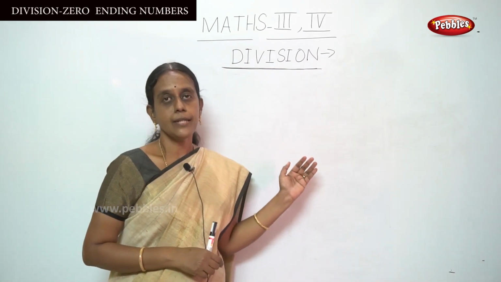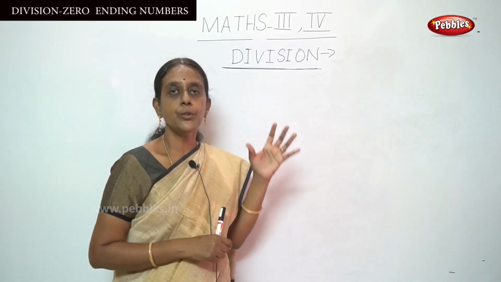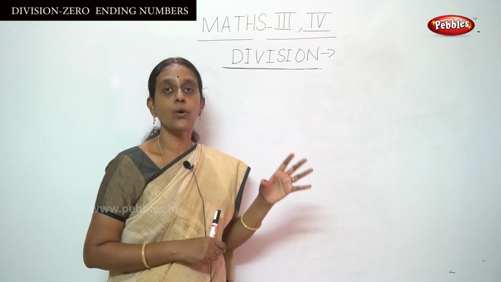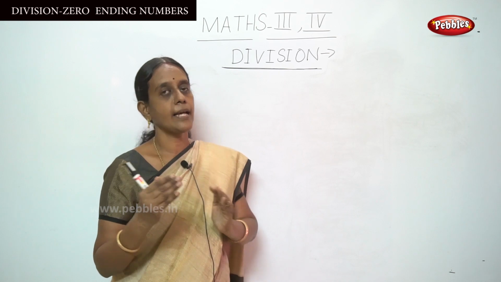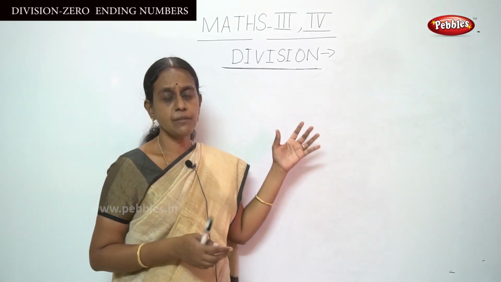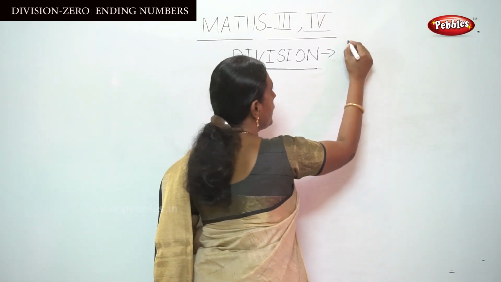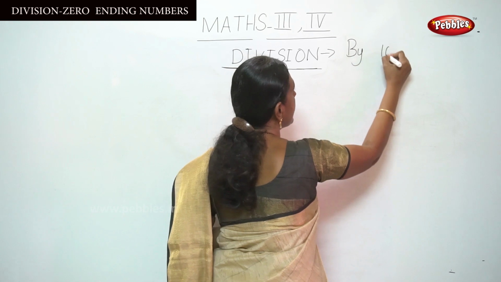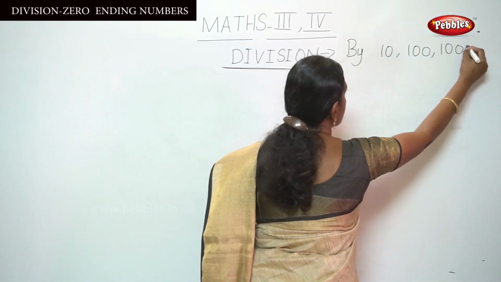Dear children, next we are going to learn how to do division when the divisor is a 0-ending number. The divisor is 10, 100 and 1000. How to do the division without the long division pattern, that is, division by 10, 100 and 1000.